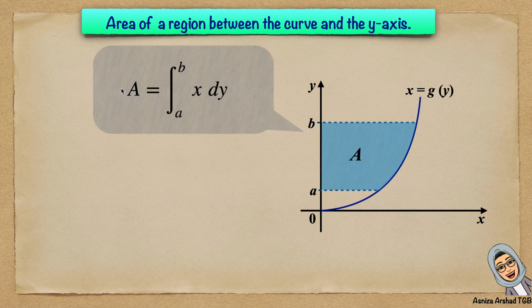So using integral, the area can be found by finding the integral from a to b of x dy. So now x will be the function g(y).